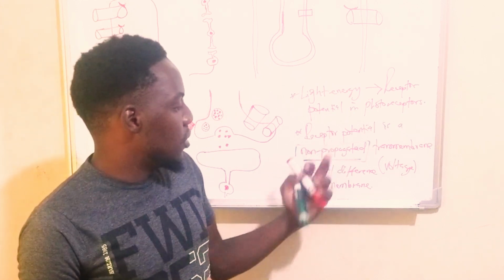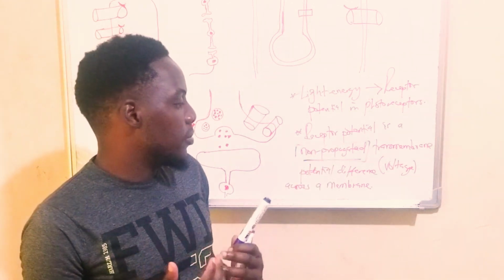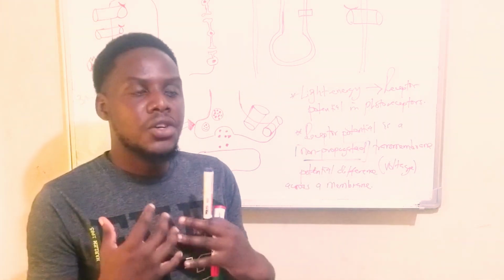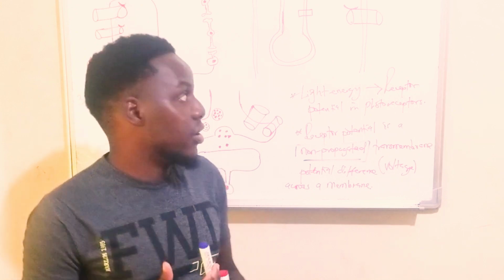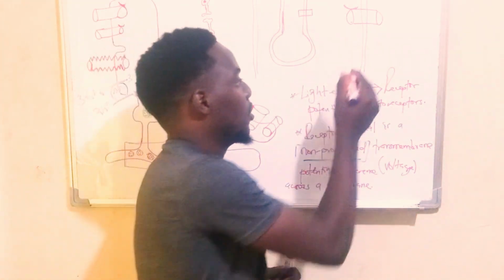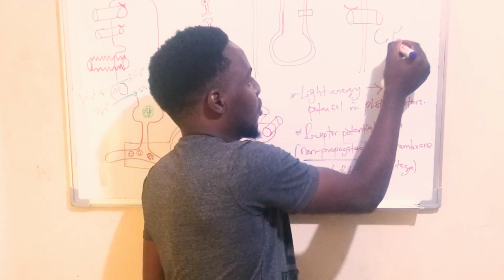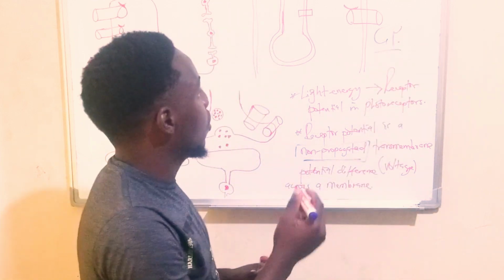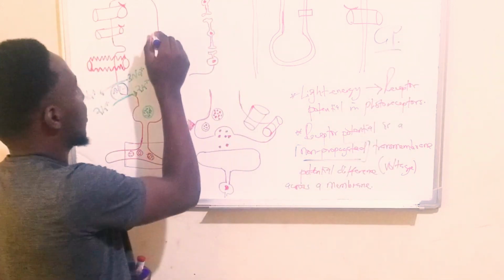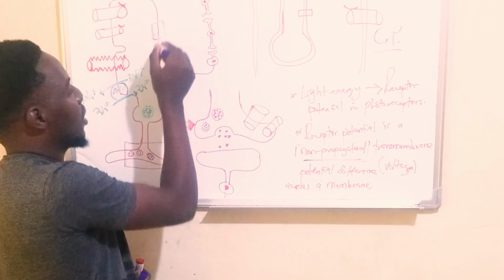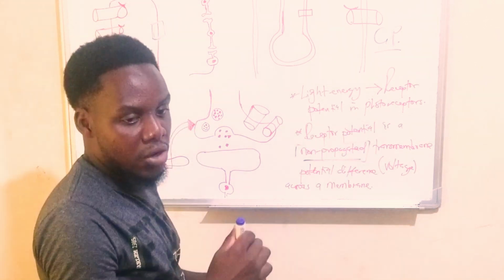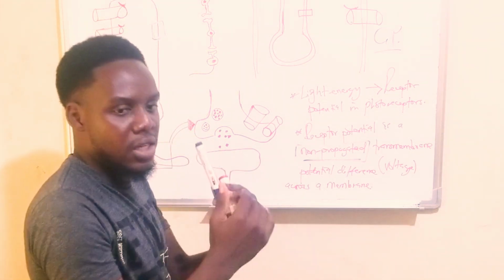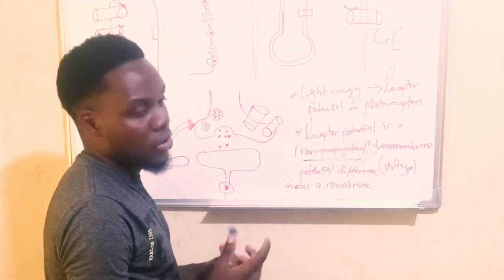But this receptor potential is not an action potential, it's just a graded potential. What do we mean by graded potential? GP is a graded potential. It means it's local, meaning if it starts at this point, it will remain at that particular point. It's local and it's mild. It's just a slight change in the membrane potential.